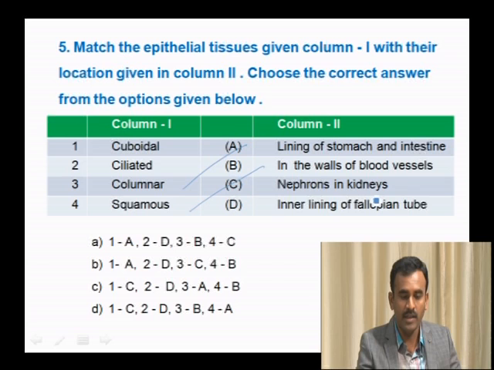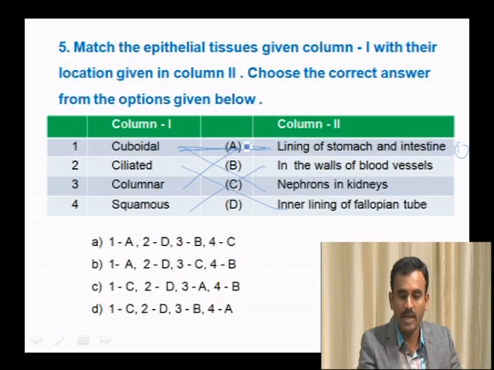Nephrons in kidney are made up of cuboidal epithelial cells. Ciliated epithelial cells are present in the inner lining of fallopian tube.